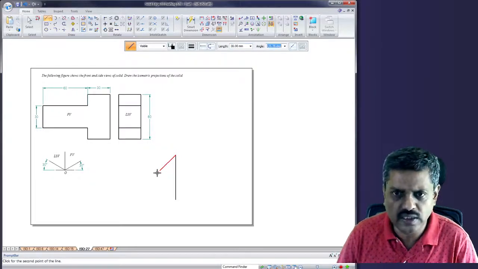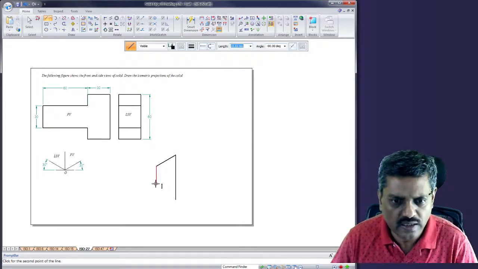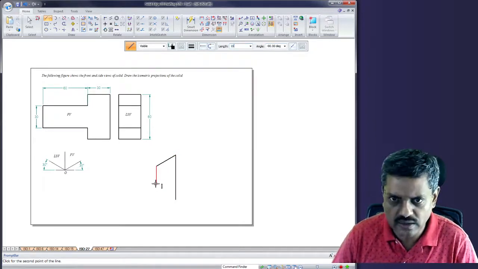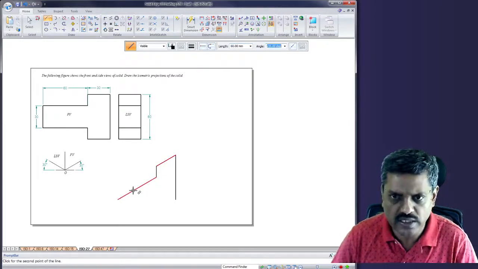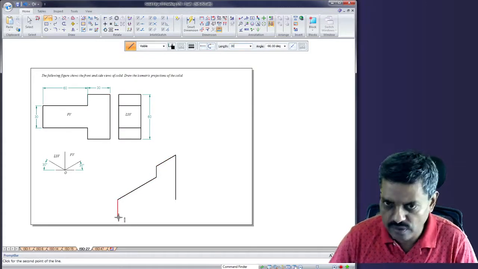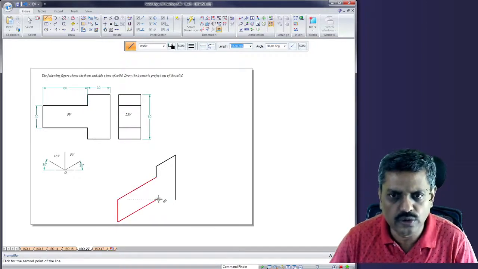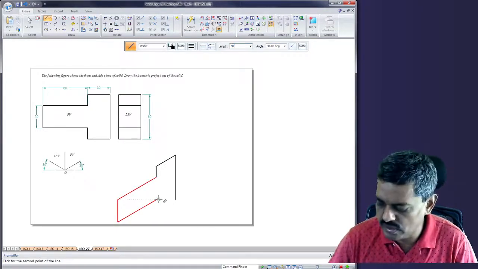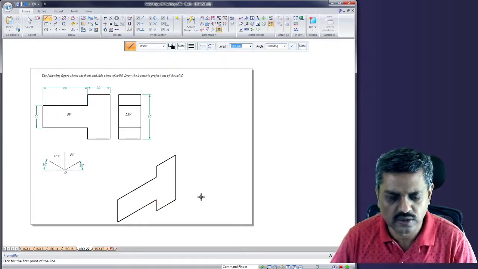Anyway, the length is 30, then at minus 150, and then there should be a vertical line of 15 in length, and then minus 90, and there is another 60 line at minus 150. And then there should be a vertical line which is of 30 at 90 degree, and this should be parallel to this, no issue. So again, it is 60 at 30 degree, and of course this is 15 at minus 90 degree, and simply join.